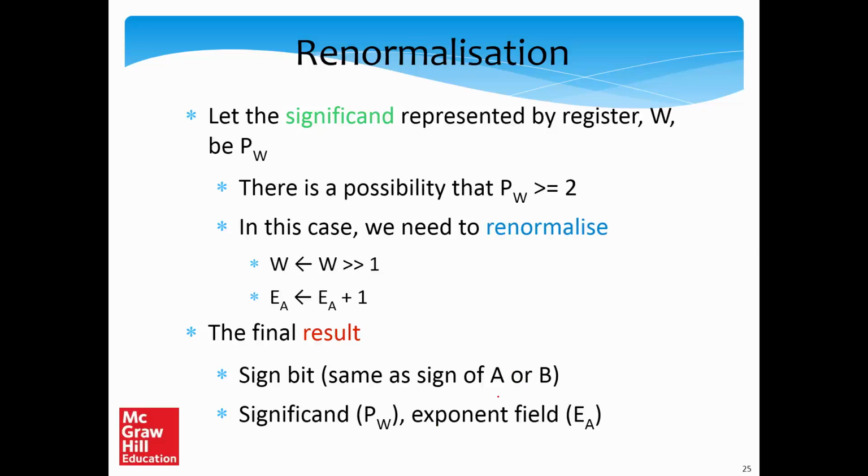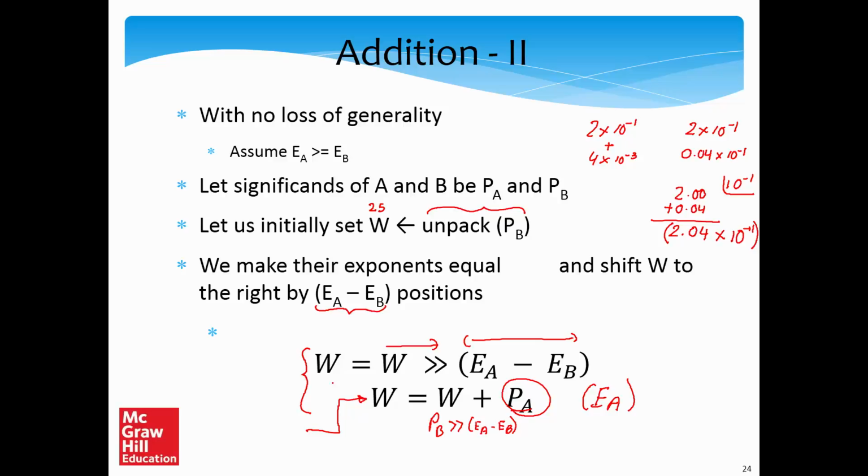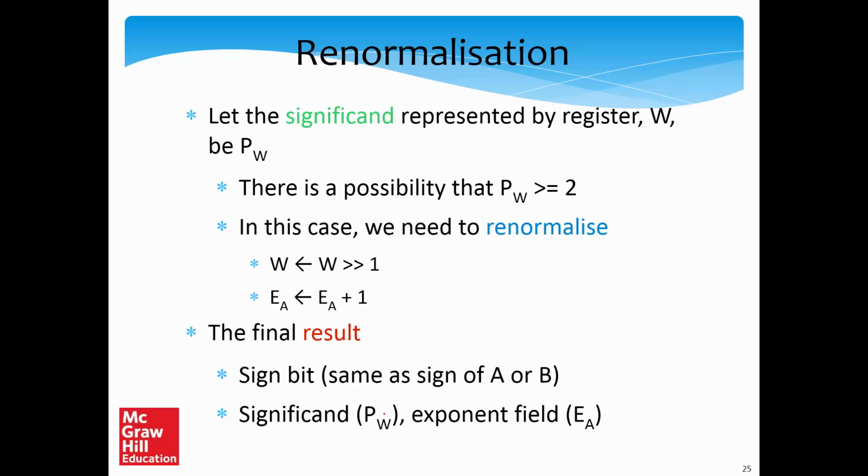Now register W contains the result of the addition. Let the significand represented by register W be PW. This will be of the form something point something, where the position of the point is implicit or can be inferred.